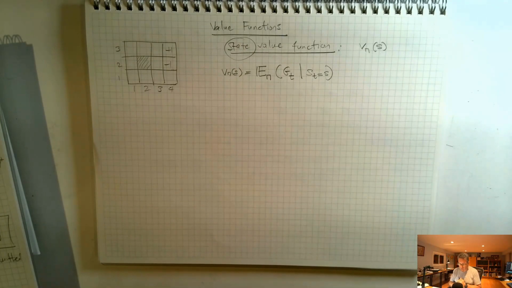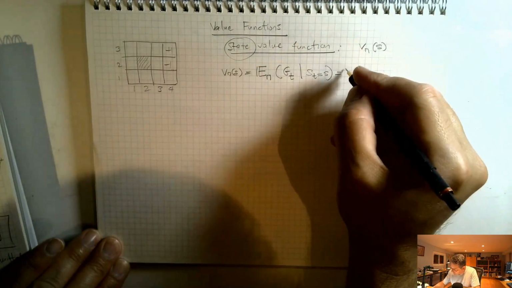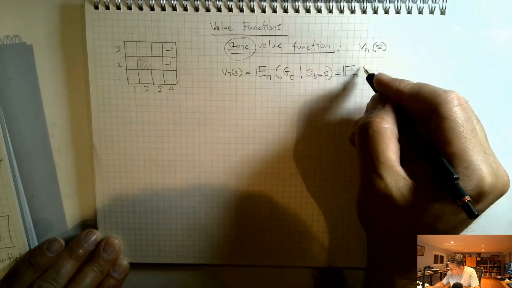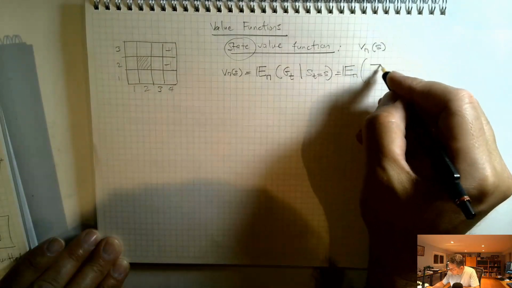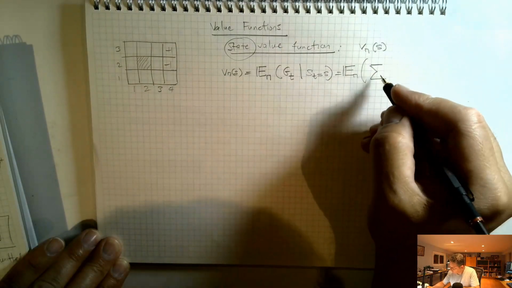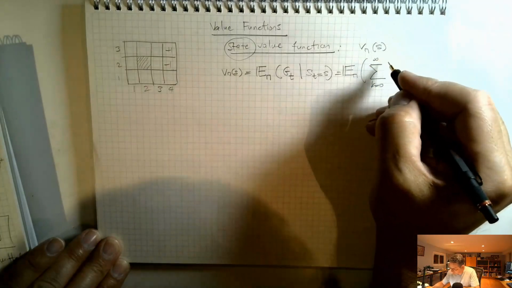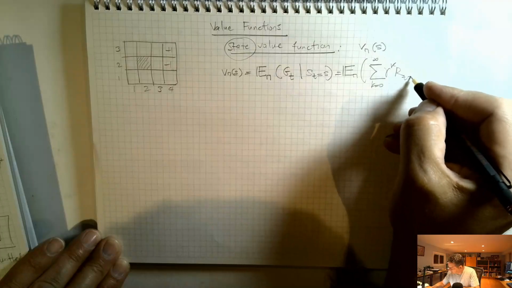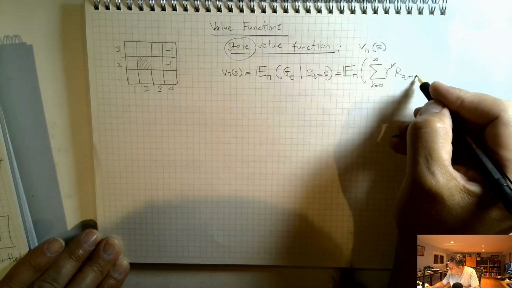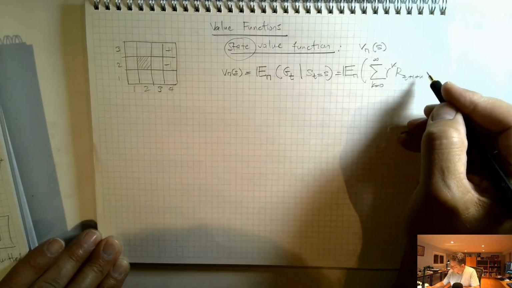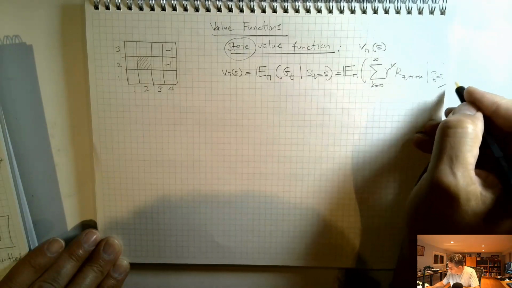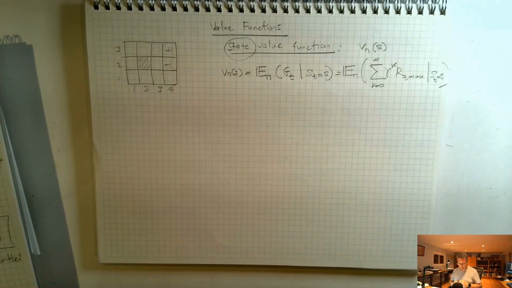Okay, we can write this expectation by replacing G t with what we have seen earlier: a summation from k equal to 0 to infinity of gamma to the k times r t plus 1 plus k, given s t equals s.